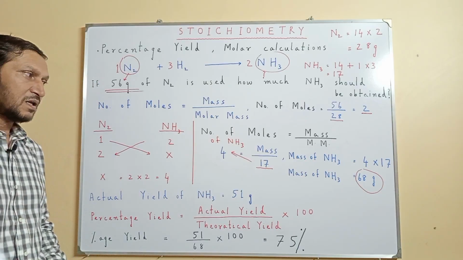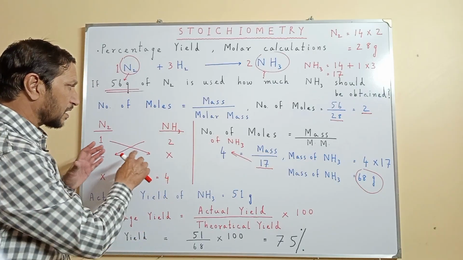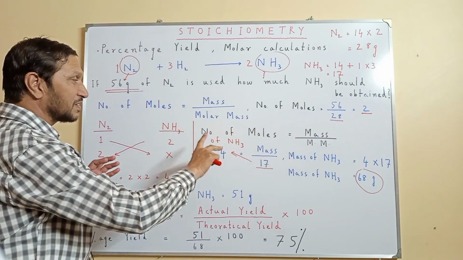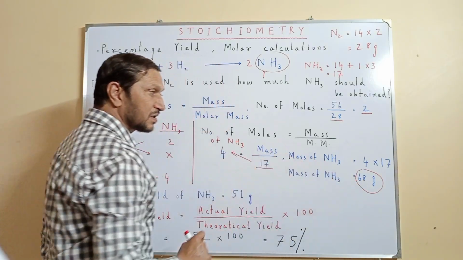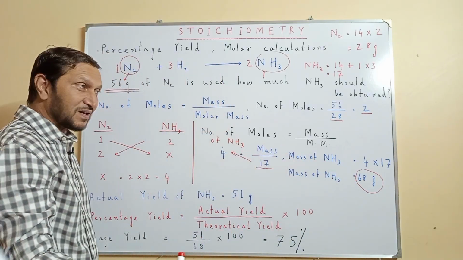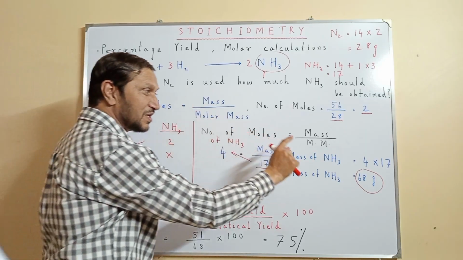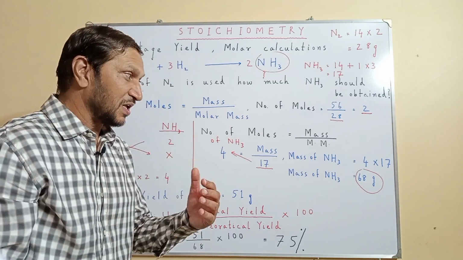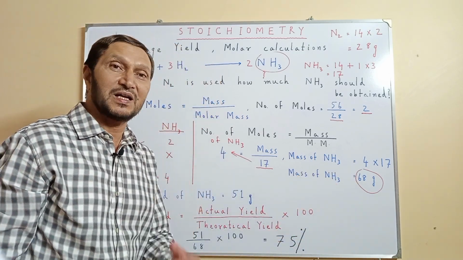Now remember that whenever we calculate according to our theory, we get the theoretical yield. Our theory is saying that if we use 56 grams of nitrogen, we should obtain 68 grams of ammonia. We are expecting it.